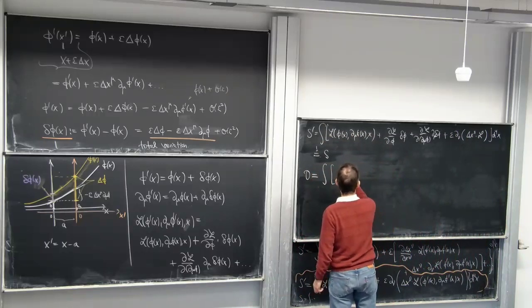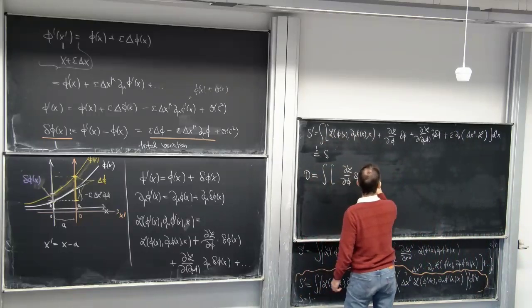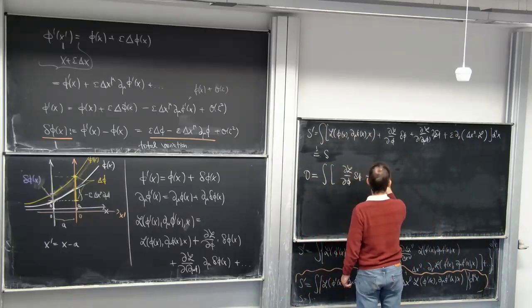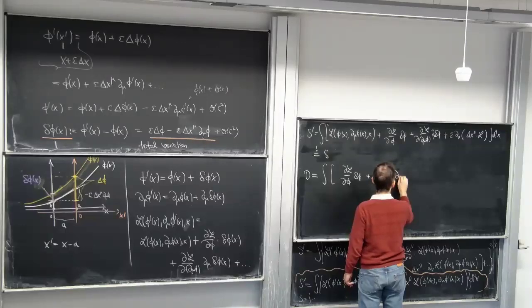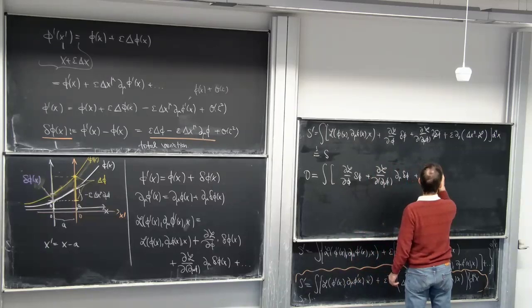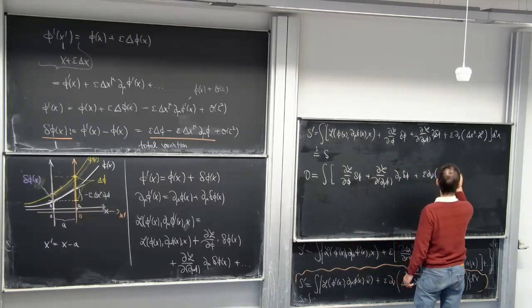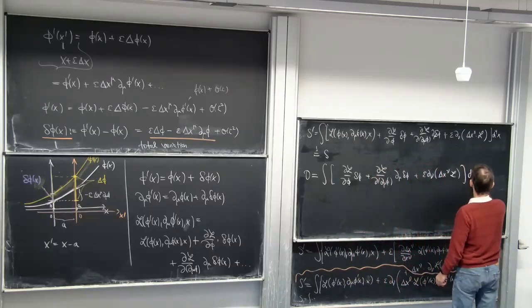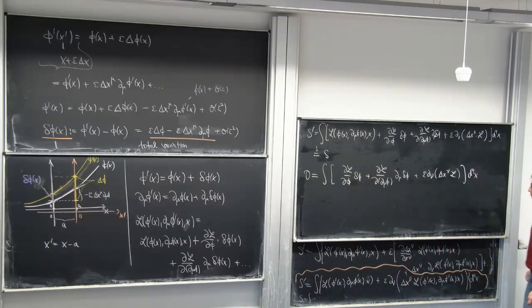Let's just spend the time to copy it: dL d phi delta phi plus dL d d mu phi d mu delta phi plus epsilon d mu delta x mu L d4x. So this is all zero.